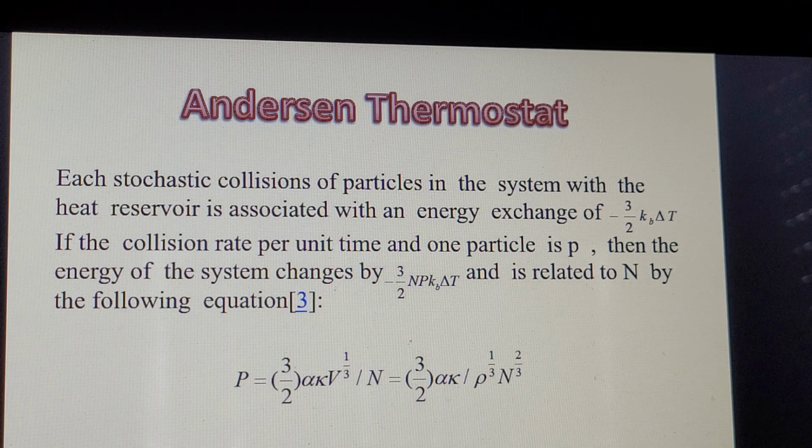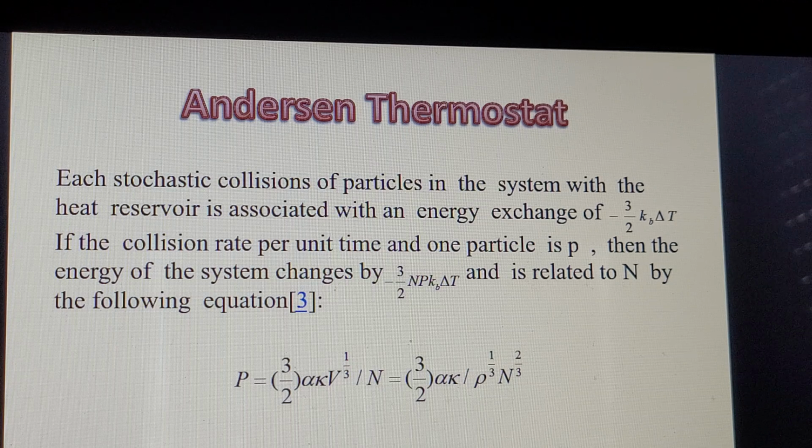Each stochastic collision of particles in the system with a heat reservoir is associated with an energy exchange of -3/2 kB delta T. If the collision rate per unit time and per particle is P, then the energy of the system changes by -3/2 N P kB delta T and is related to N by the following equation.